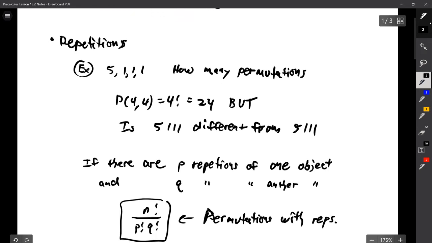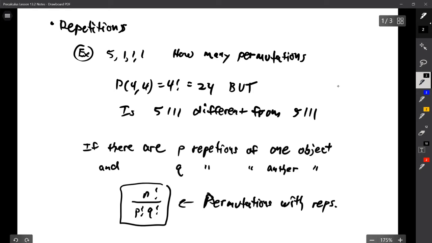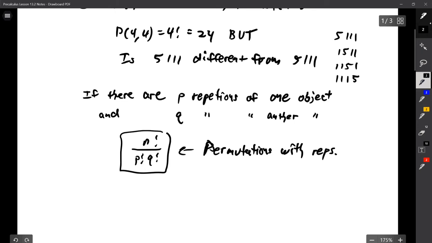So for each different place where we can put the 5, we could have the 5 at the beginning, second, third, or at the end. Regardless of where the 5 is, we have 3 identical ones, and we don't care what order those ones go in. And so we divide by 3 factorial, which divides out the number of different ways that you can arrange the ones, if that makes sense.